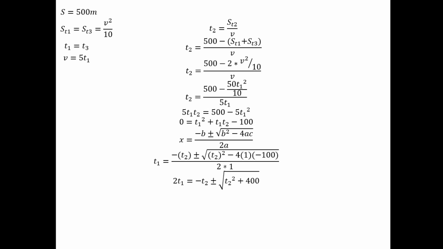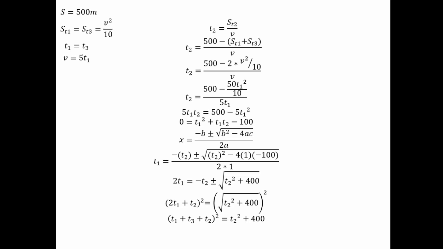So 2 t1 plus t2 is equal to the square root of t2 square plus 400, and now the square is cancelled by the square root, and we know that t1 is equal to t3, so we can write 2 t1 is equal to t1 plus t3.